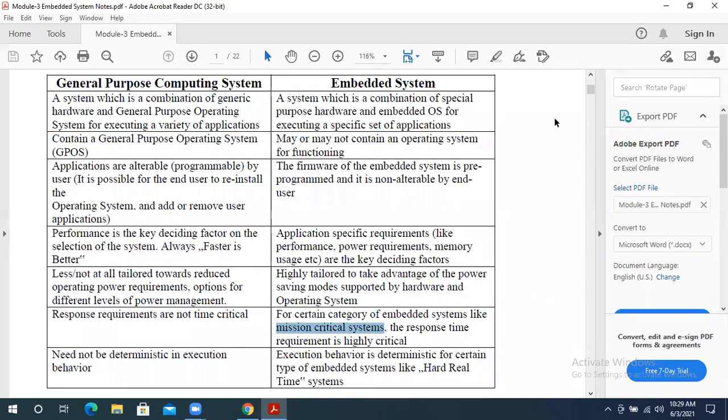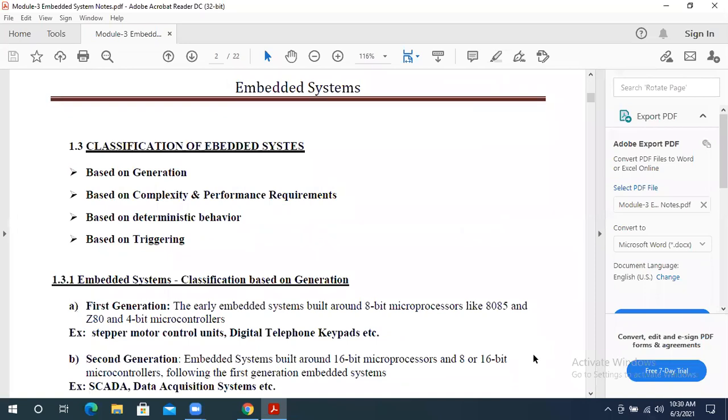So next we'll move to a very important topic, called how to classify the embedded systems, because we have a lot of systems in the market which are built on embedded systems.